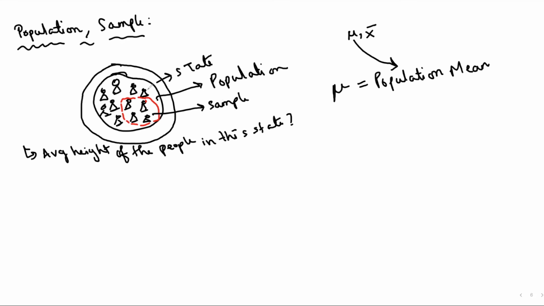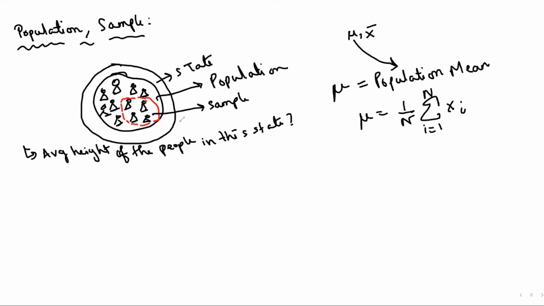If you know how many people there are, and the height of each and every individual, if you can collect that data, then it will be denoted by mu. So mu will be the average of that: mu is 1 by n, summation of x of i. It's the mean, we just saw in the previous slides.